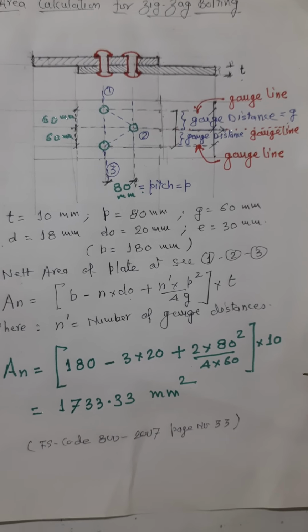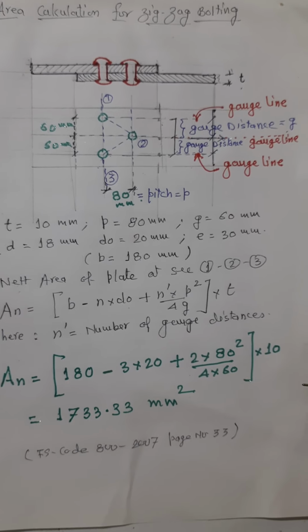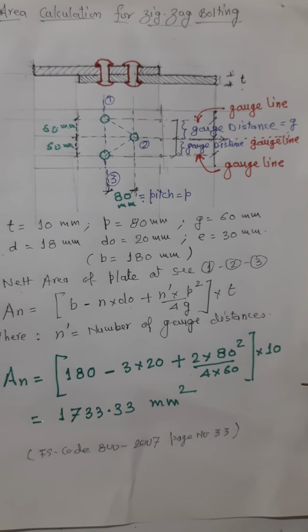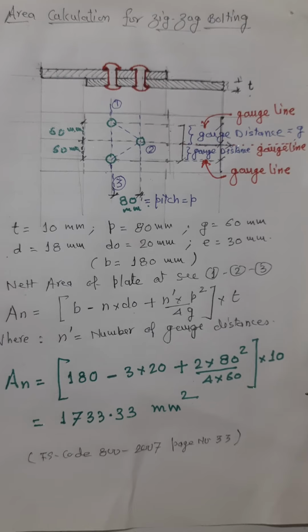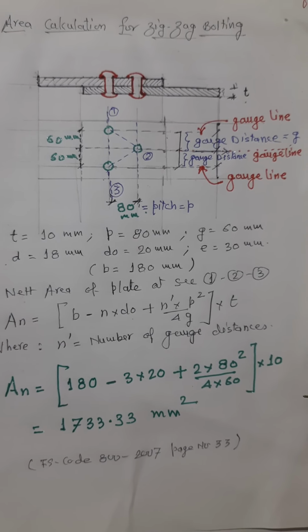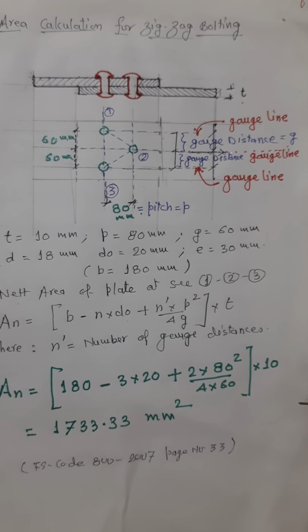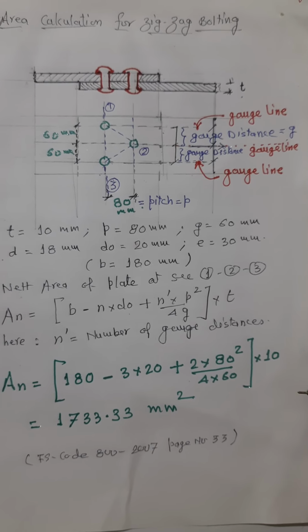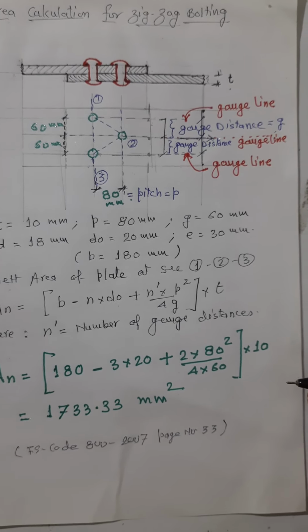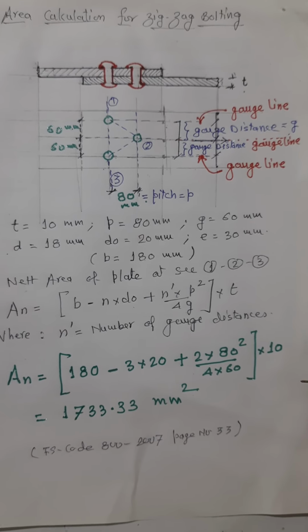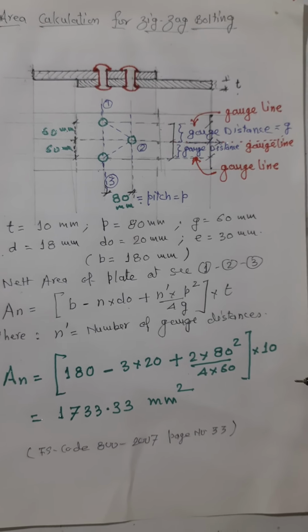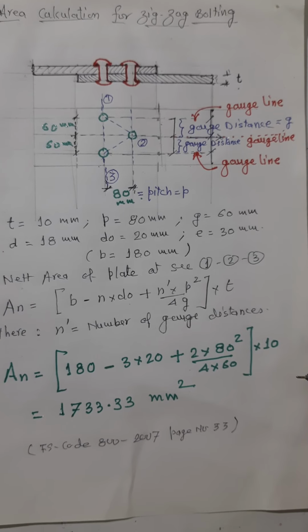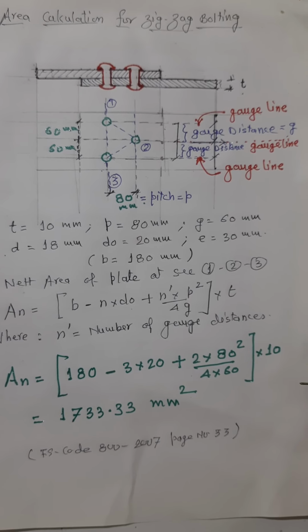For that, we are using a mathematical expression which is already given in IS code 800-2007, page number 33. Just at the top of page number 33, you will find this mathematical expression, which is nothing but (b minus n times d plus n dash p square upon 4g) into t.